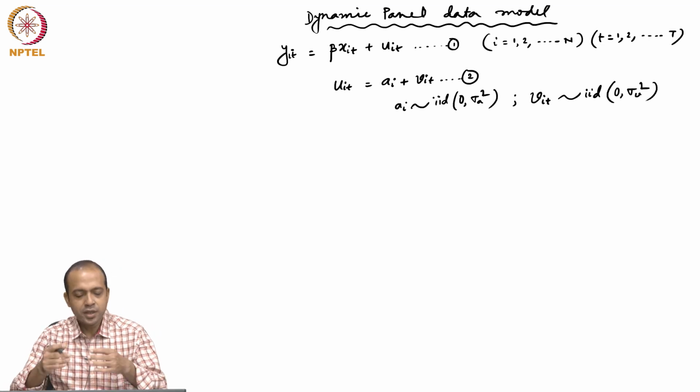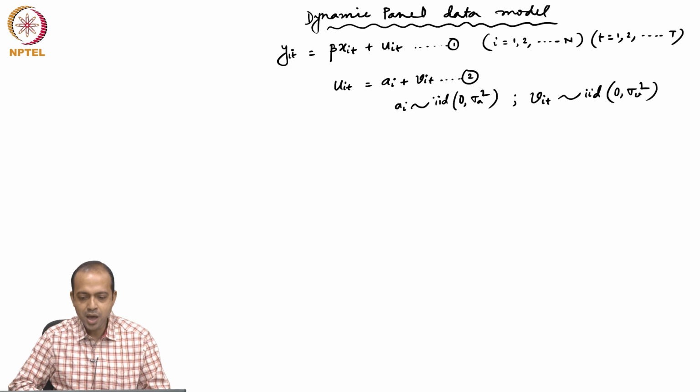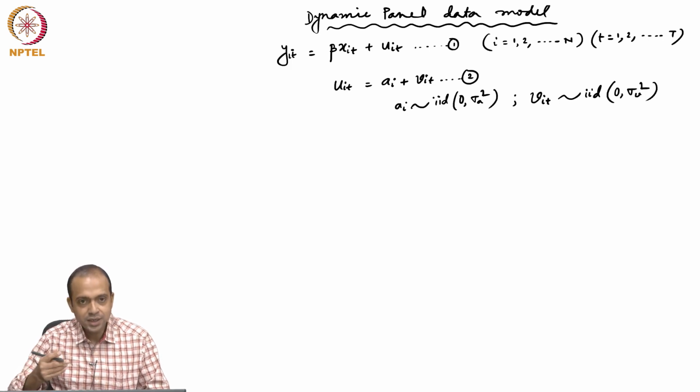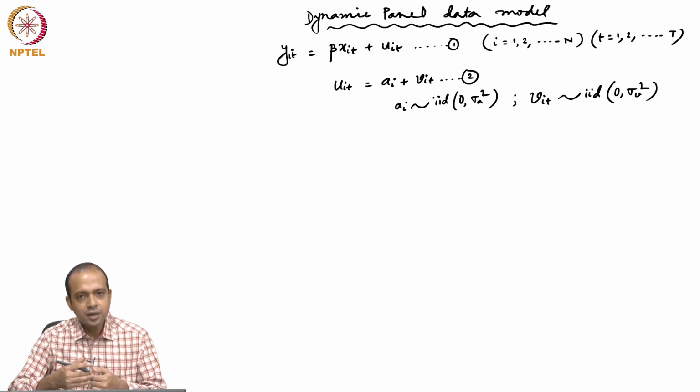What does it mean? Both of them are independently and identically distributed. That means there is no correlation between a_i and v_it, and they are not serially related as well.